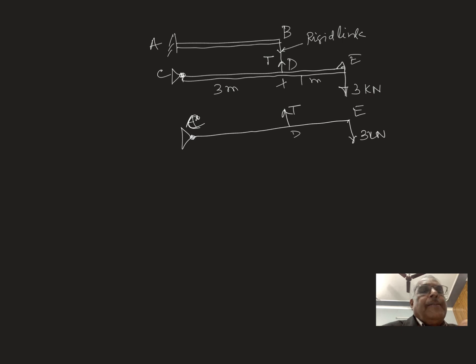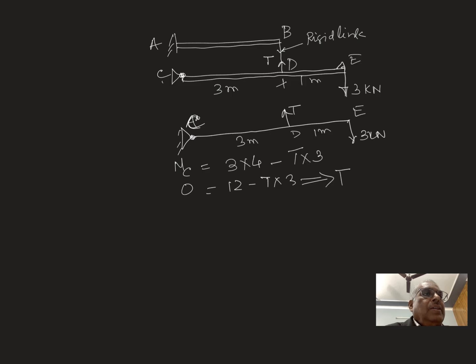Now you can find out the bending moment at C. Because it is a simply supported beam, the bending moment is 0 here. This is a clockwise moment, 3 into 4, and this is an anti-clockwise moment, T into 3. So 12 minus T into 3 is 0. This implies that T is equal to 4 kilonewton.